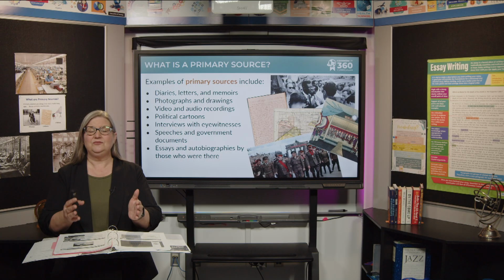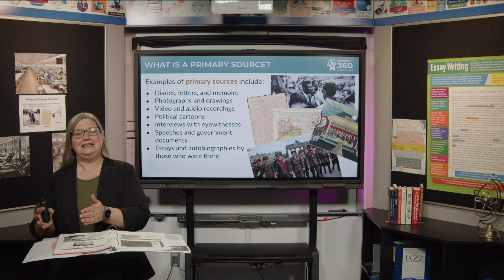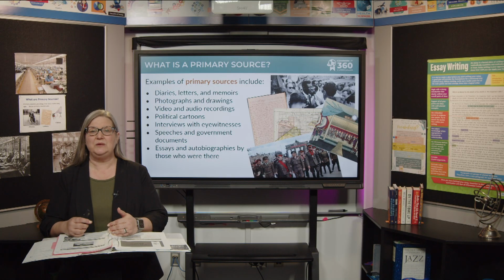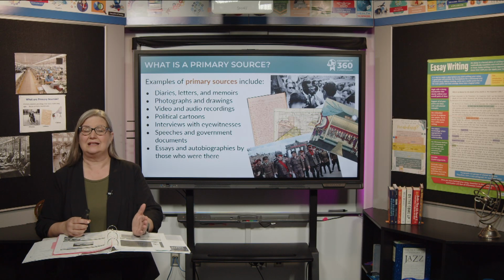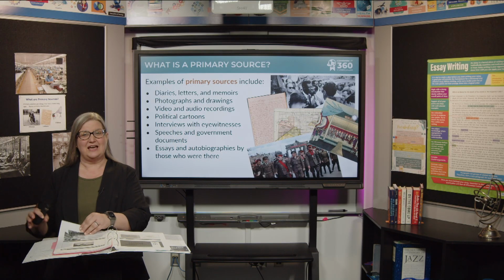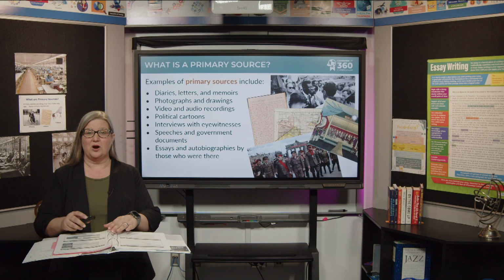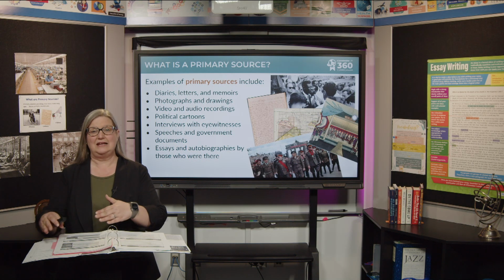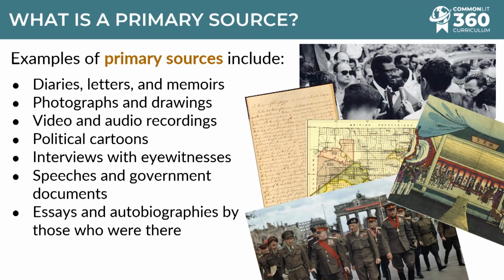If you're getting what we call second-hand information, that would be if I was telling you what I saw after the fact of the car accident that I saw on the side of the road on my way to work.